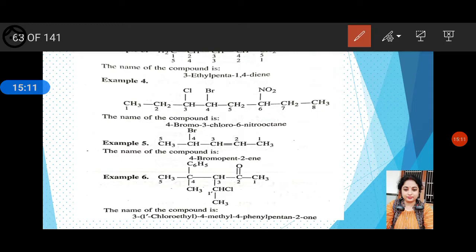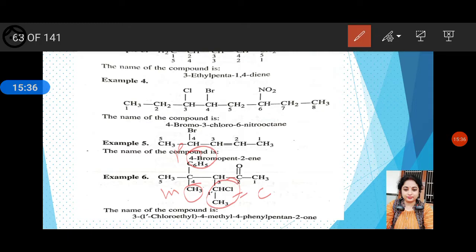Now see here, at 3 position we are having chloroethyl, this group with 1 and 2 carbon. So methyl, ethyl; it is chloroethyl. It is phenyl group. It is methyl group. Alphabetically, C is first.